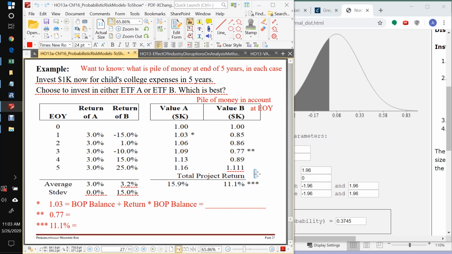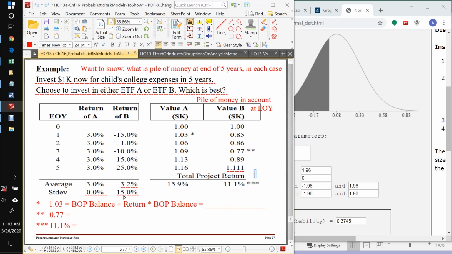So the reason for that is what we call volatility drag. The higher the standard deviation, the more the total return over the multi-period set of years for the investment is going to be degraded.